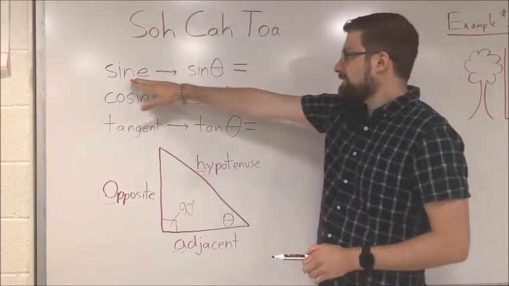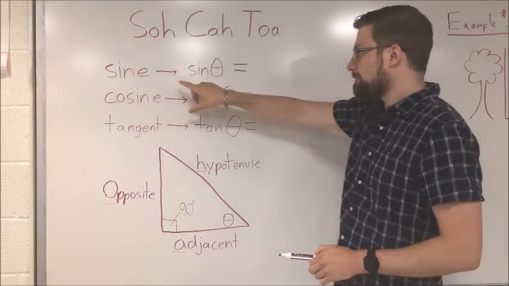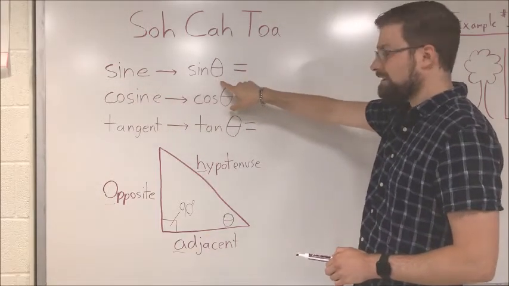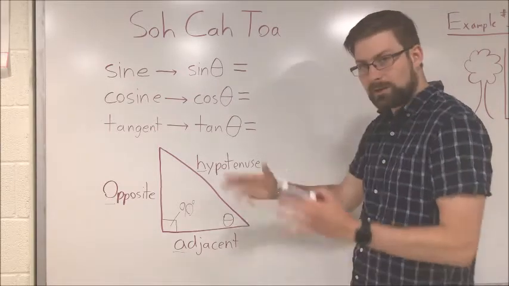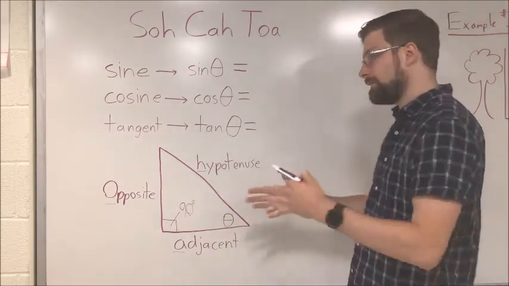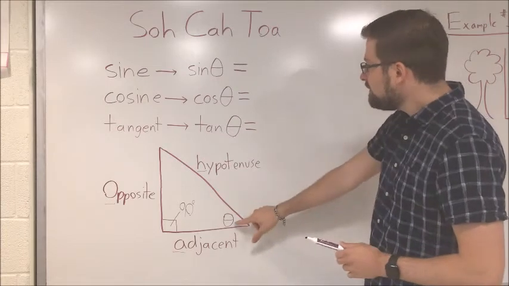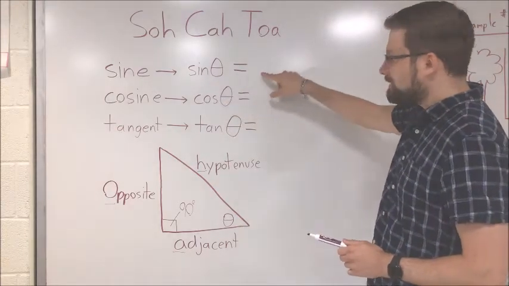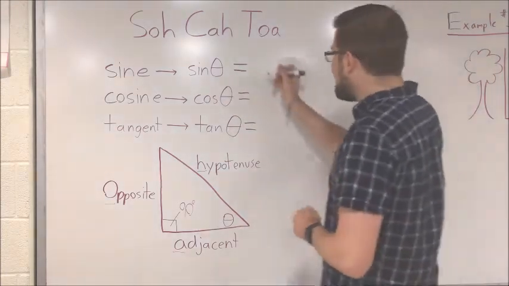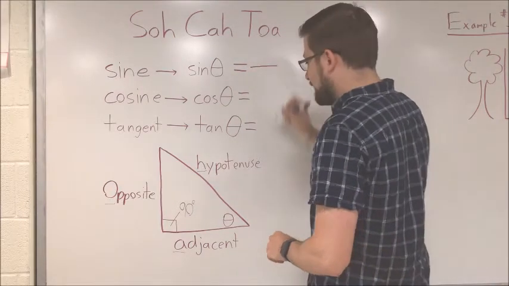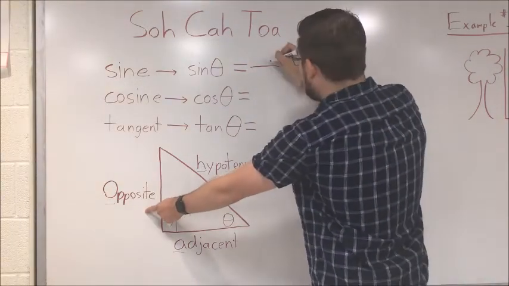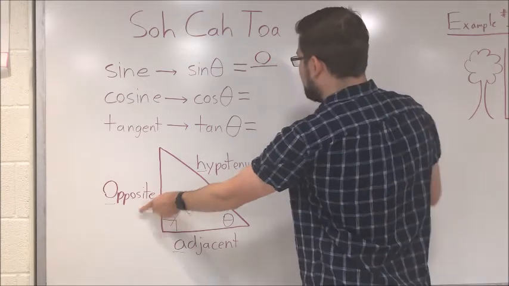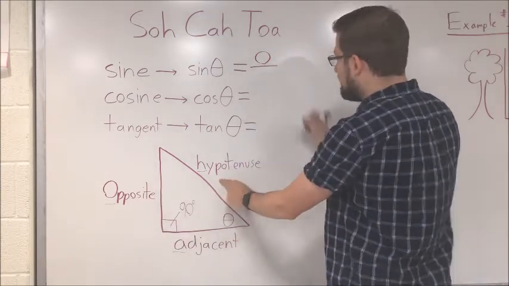So if you take sine, okay, we represent that by sin of theta, okay? So if you take this angle, whatever it is, it could be 30 degrees, 45 degrees, anything less than 90, okay? You plug it in, that's going to be equal to something. And in fact, it's going to be equal to the length of the opposite side divided by the length of the hypotenuse.